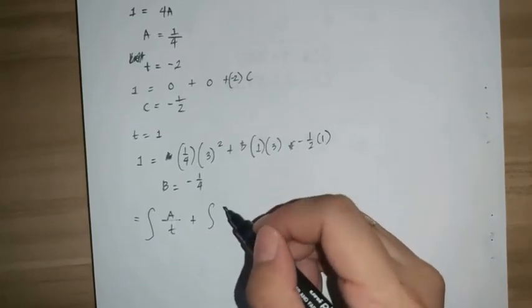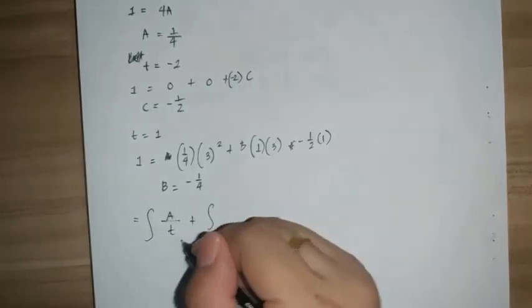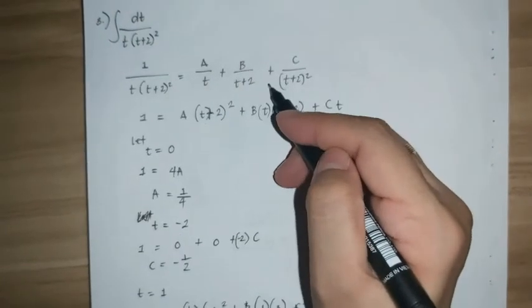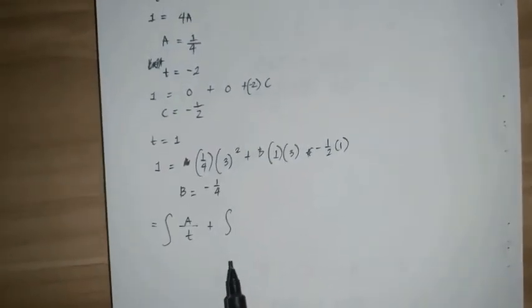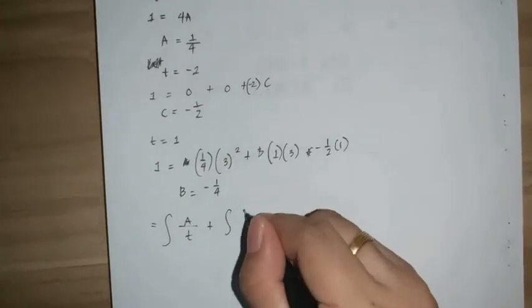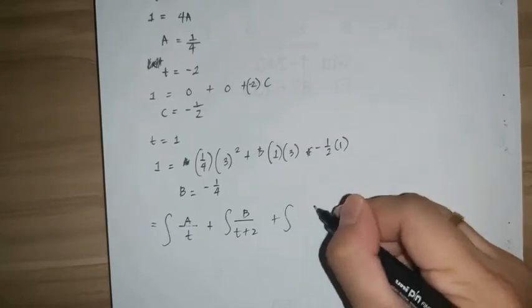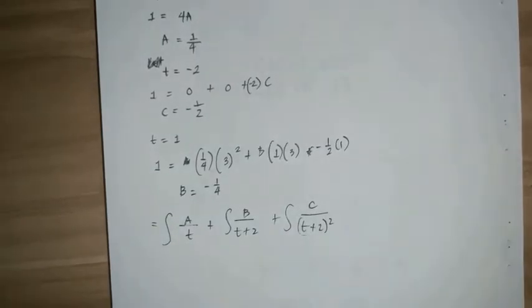So we have integration of A all over T. You need to write dx here, because we did not equate here. So we have integration of A over T plus integration of B all over T plus 2 plus integration of C all over T plus 2 quantity square, right?